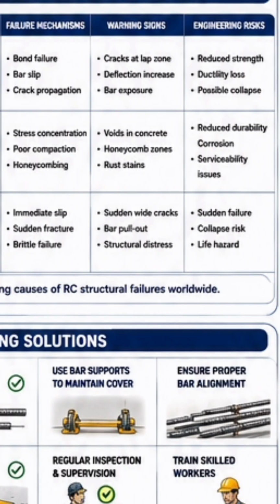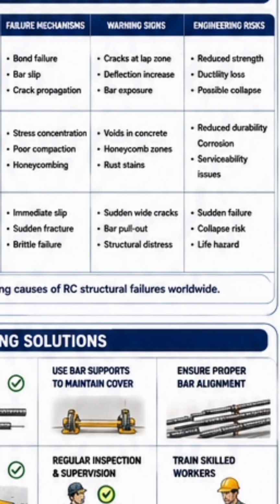Then we have also poor compaction, because if you did lapping, the area where the lapping occurred has to be compacted very well, right? If it is not compacted very well, it can actually lead to honeycombing, whereby you see all those honeycombs on your cast concrete. Then the next one is intermediate slip.